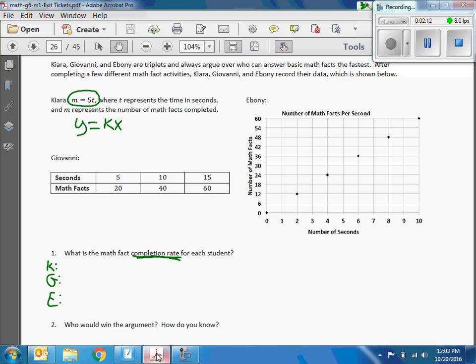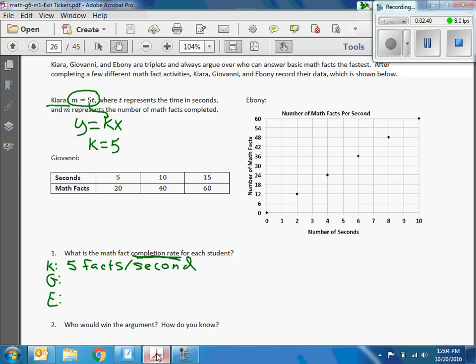So in this case, that just lines up like that, and right from the equation, it's staring us right in the face, K is 5, and that is Kiera. So Kiera, her rate is 5 facts per second.